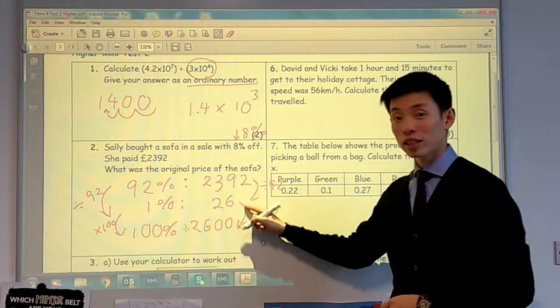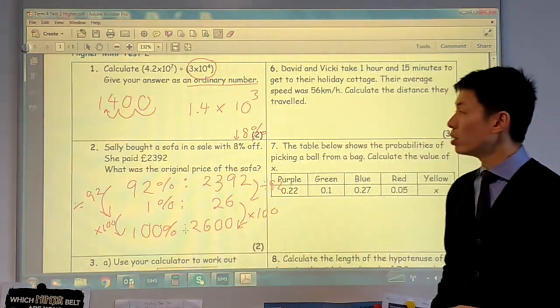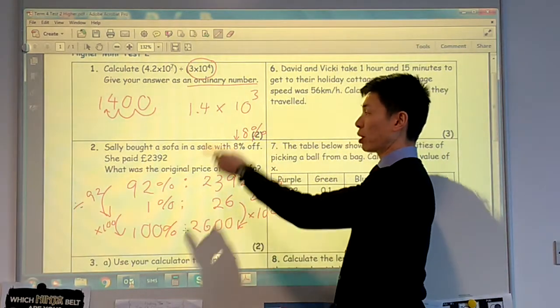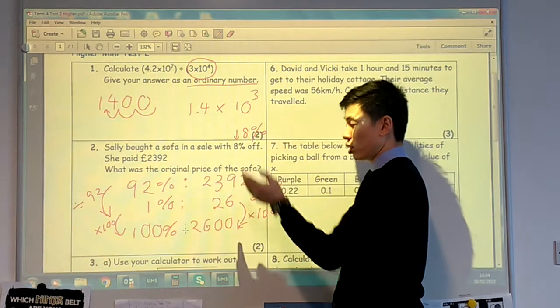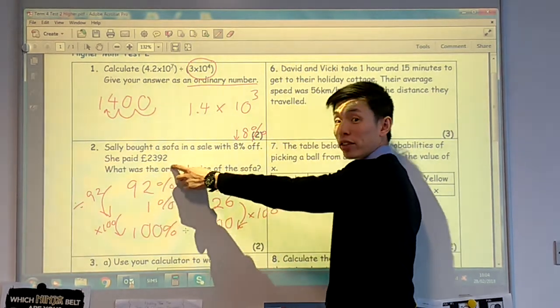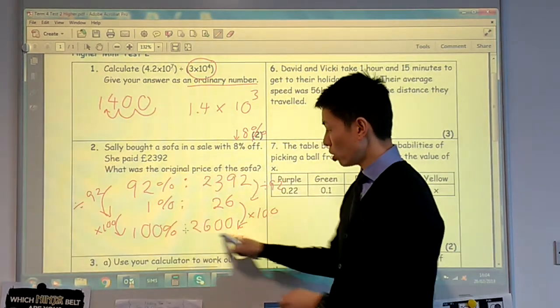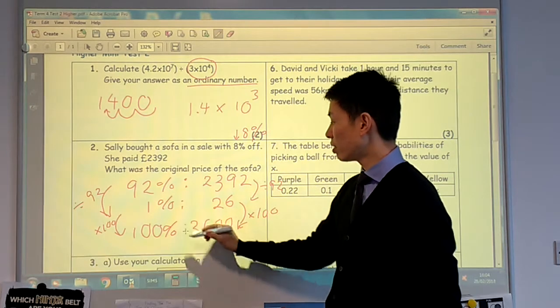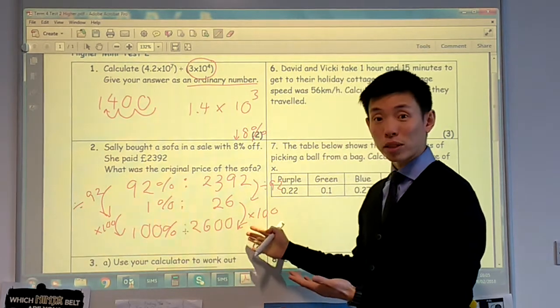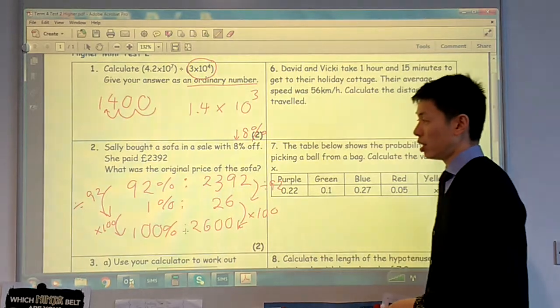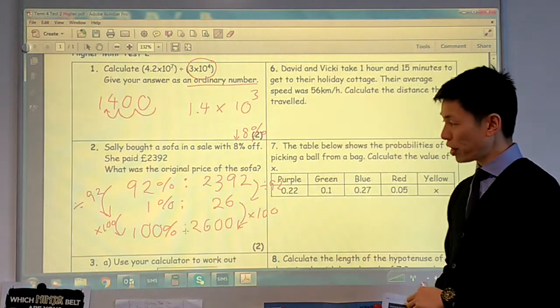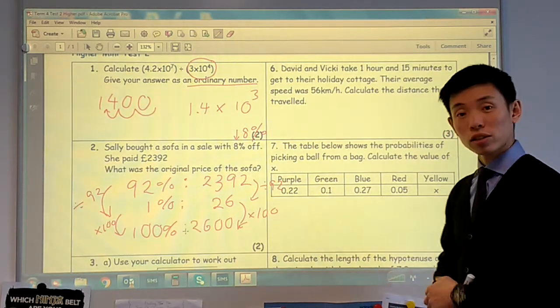Don't think you need a calculator for that. Okay, so just double check, because it's the original price, the price must be more expensive than the sale price. So it looks like that's okay, because it's a nice number as well. That's another hint. The exam is not really trying to fail you. So I think that's correct.